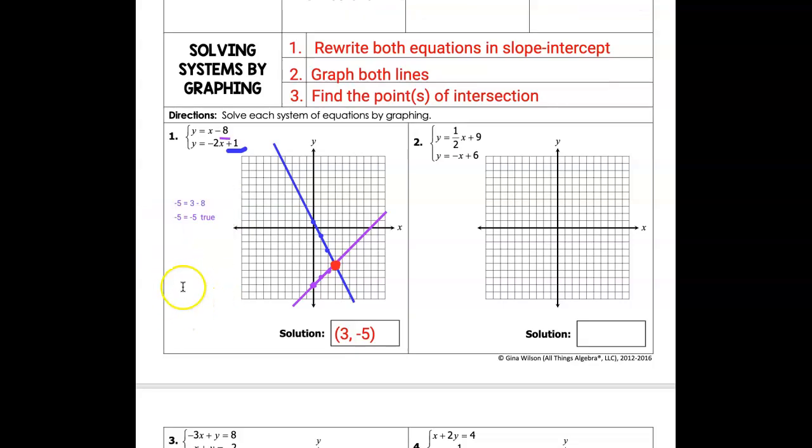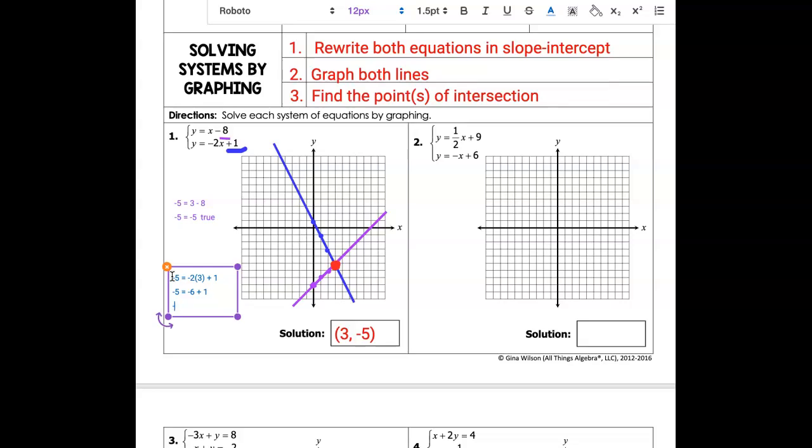And then if I plug it into our second equation, negative 5 for y, and then 3 for x, negative 2 times 3 is negative 6, plus 1. That equation is also true. That is the only point that, if I plug in those two numbers, will make both equations true.